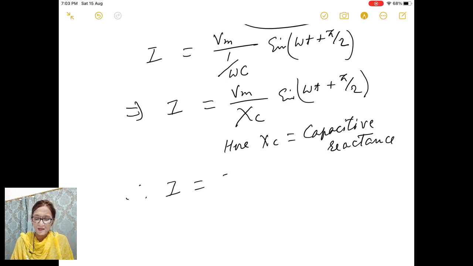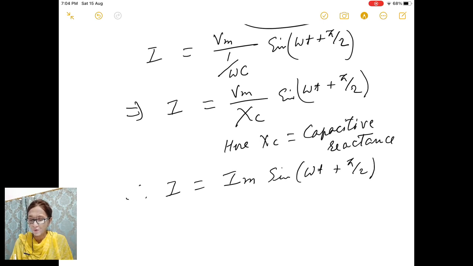Therefore, I becomes equal to current amplitude Im sine omega t plus pi by 2, where the current amplitude is given by Vm, the voltage amplitude, divided by capacitive reactance.